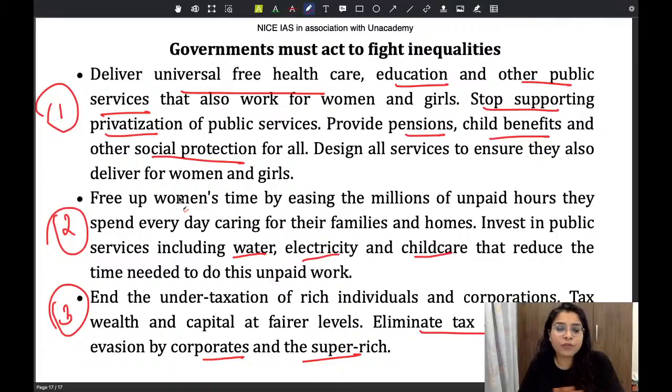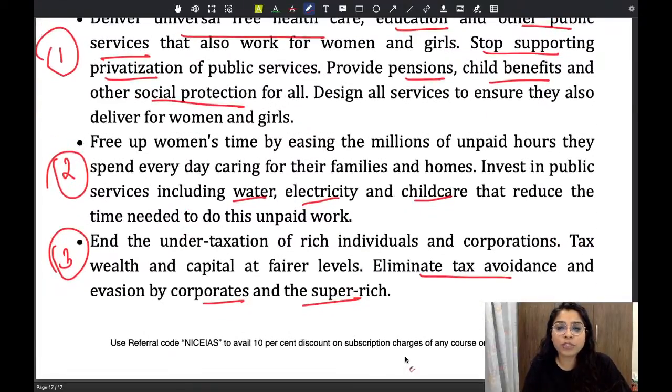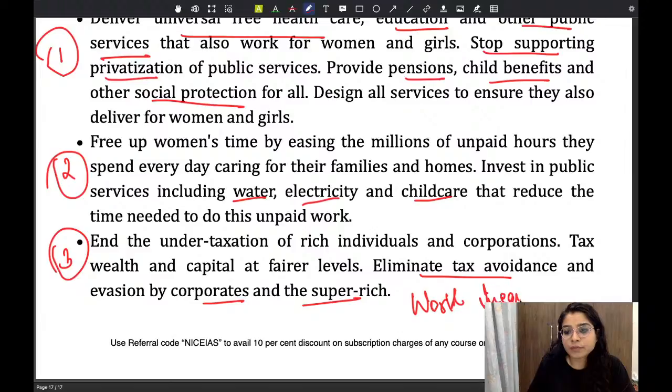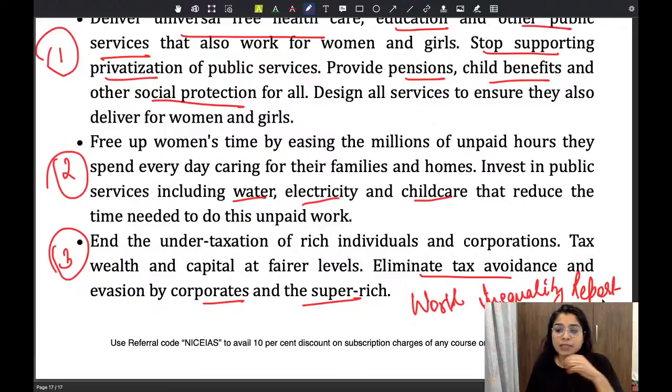And then if you want another report, not just the Oxfam report, let me give you one more report here. It is the World Inequality Report. This had come out in 2018 by the World Inequality Lab, which is based in Paris, at the Paris School of Economics.